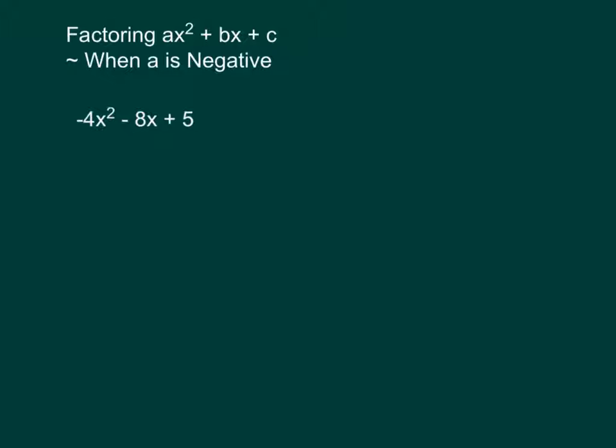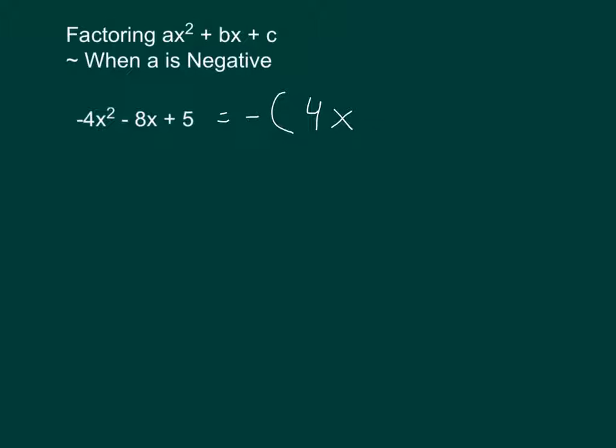Okay, what happens when a is negative? Looking at this here, we have a coefficient of the x squared term, which is -4. There's nothing particularly different about this, but for some reason, having a negative value makes it a lot harder to deal with. So my suggestion for this is to change the sign of everything and just factor out a negative in front of the entire polynomial.